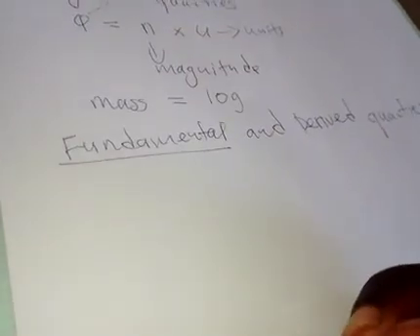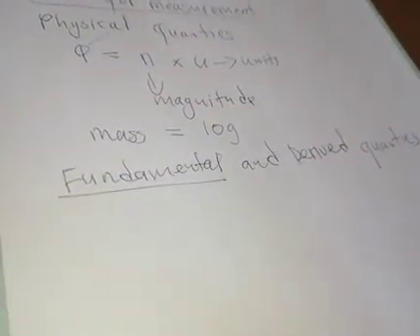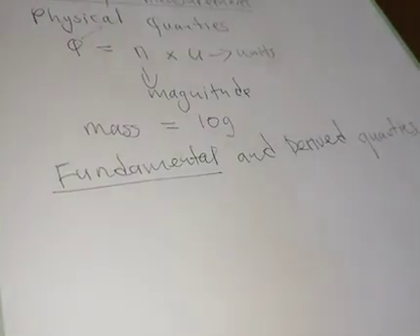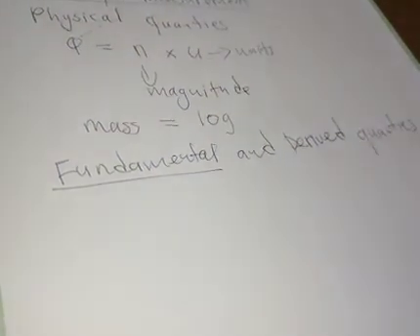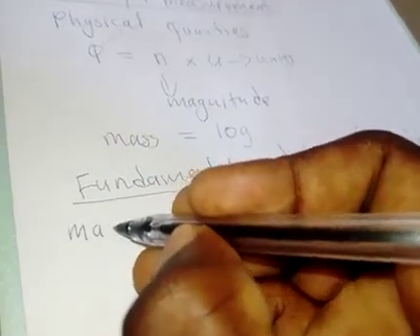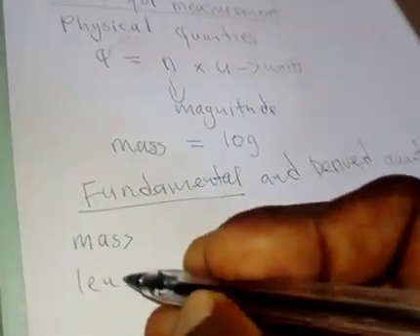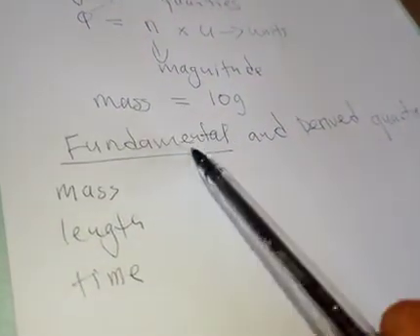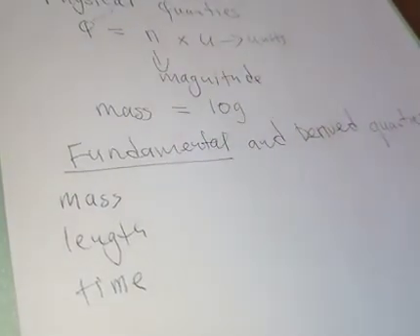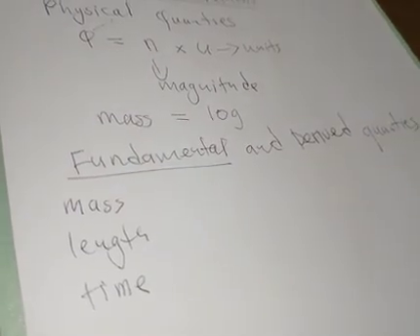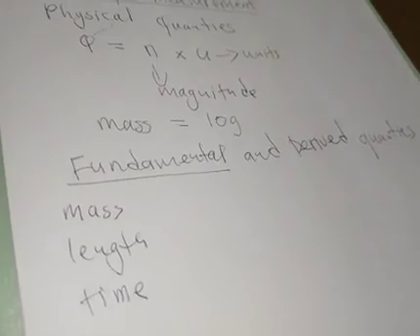Fundamental quantities are simply physical quantities which are independent of other quantities. This simply means that they are not obtained from any other quantities, but they simply exist on their own. For example, mass, length, and time. These are examples of fundamental physical quantities which are not derived from any other quantities.